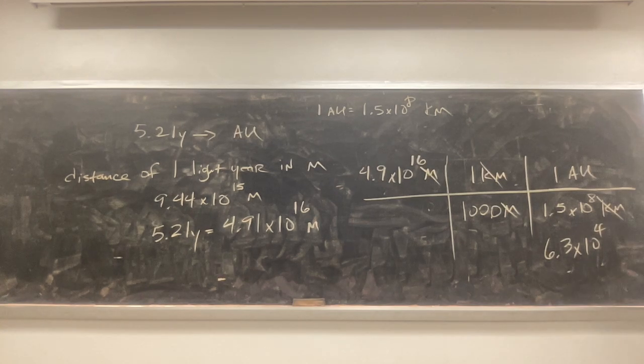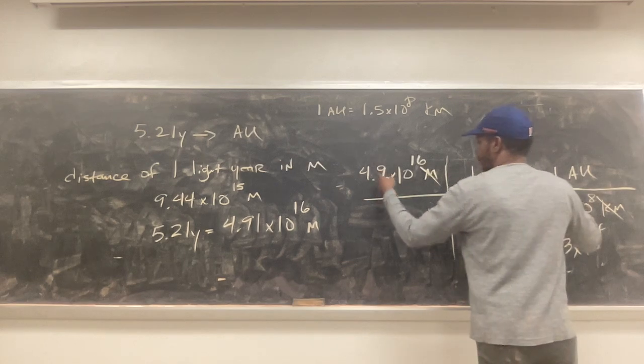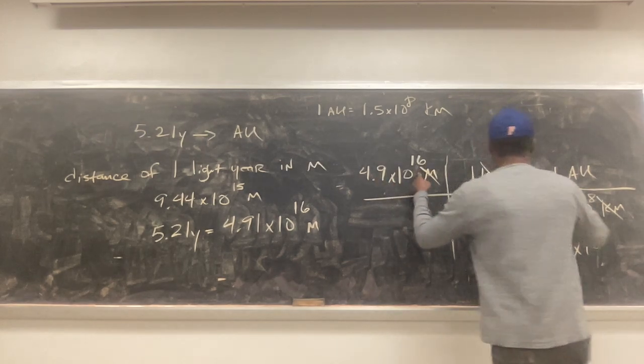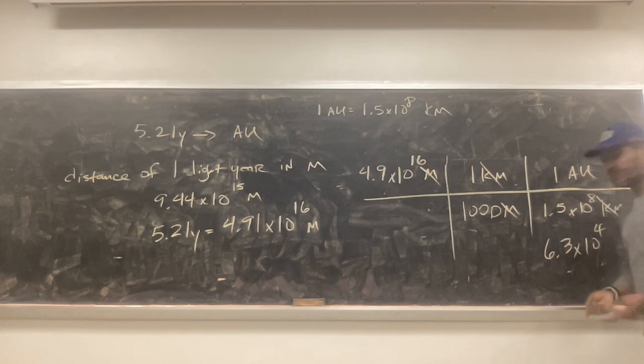So, when we enter it in our calculator, are we doing 4.9 times 10 to the 16 divided by, open parentheses, 1,000 times 1.5 times 10 to the 8, close parentheses? Whoever did that, they're right.